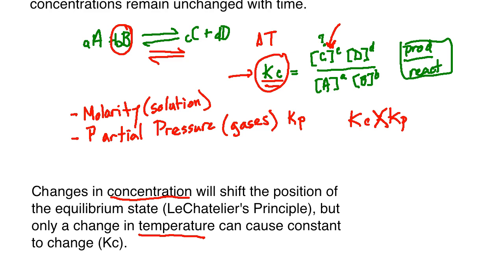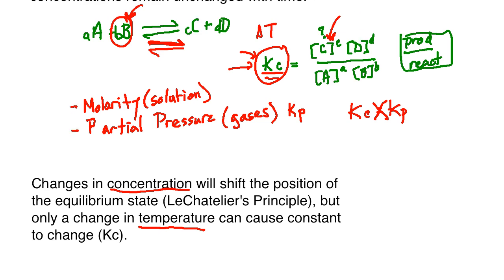So LeChatelier's principle would say, well, if I just dumped a bunch of this B in here, I now have too much of the reactants, so it will shift towards the products temporarily until it finds the ratio that equals Kc again, and once we've hit Kc, it will reestablish its equilibrium and it'll be good to go at that state. So that's the concept behind LeChatelier's principle.